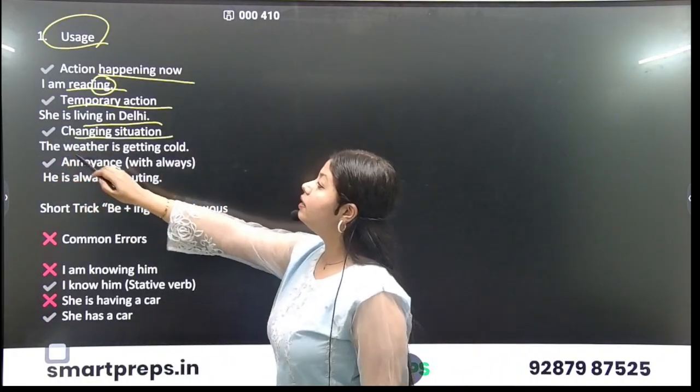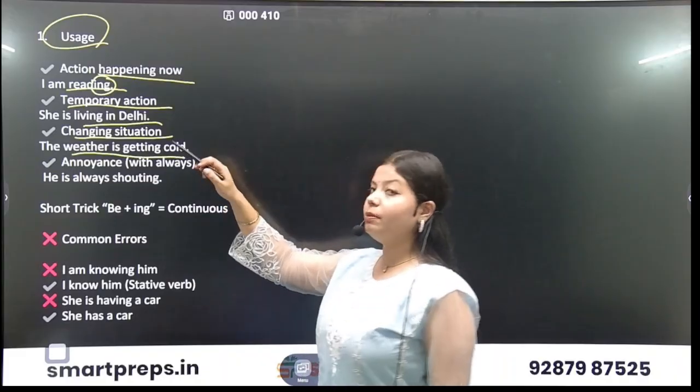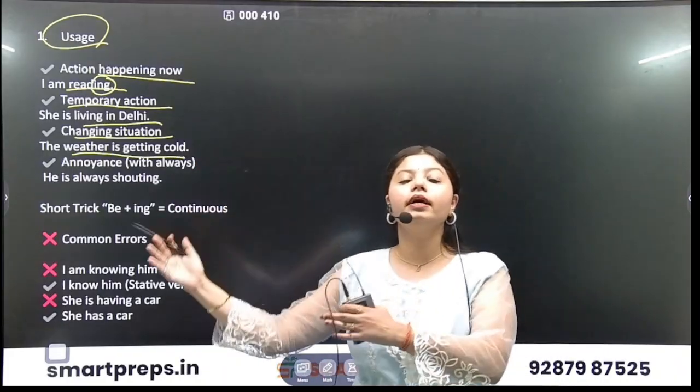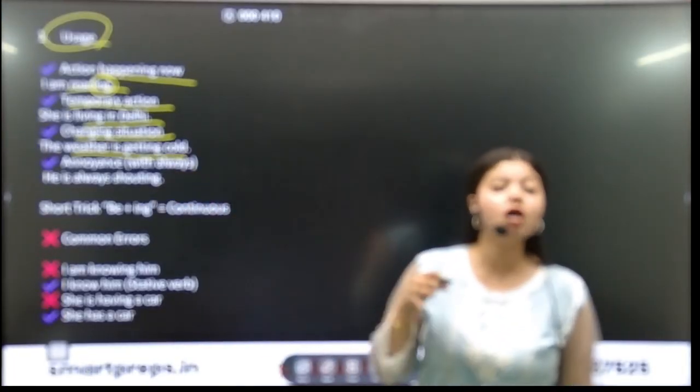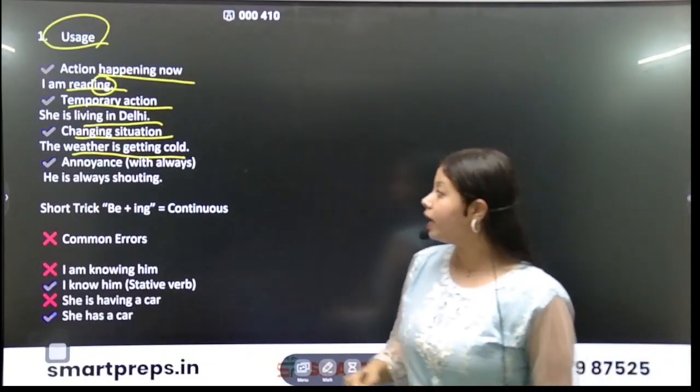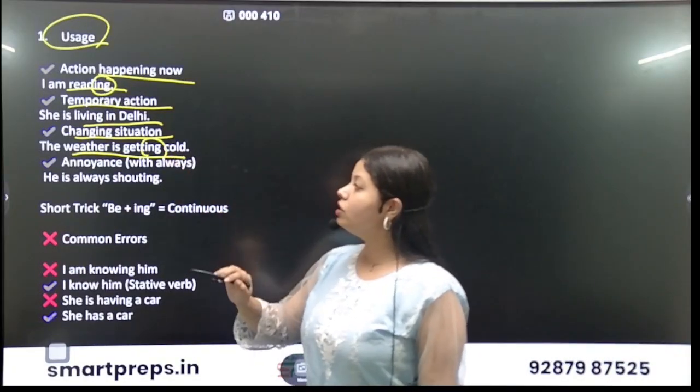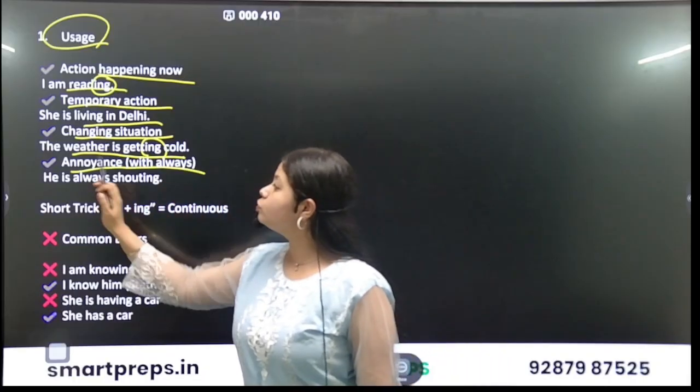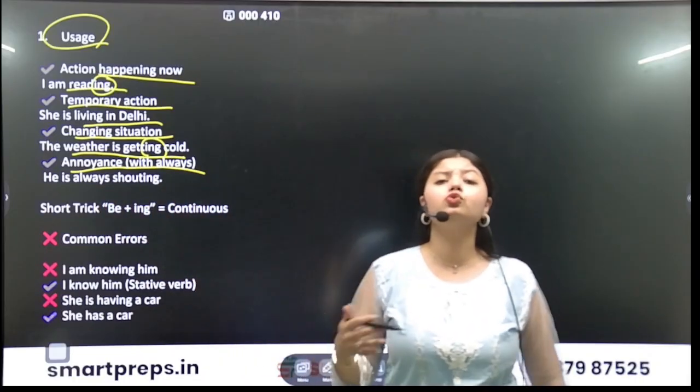For example, "the weather is getting cold". It means from hot weather, it is turning cold now, at this moment. So the weather is getting cold because it is turning from hot to cold right now. That is why we are putting ing. Or annoyance, annoyance with always. It means somebody is doing something which annoys us.